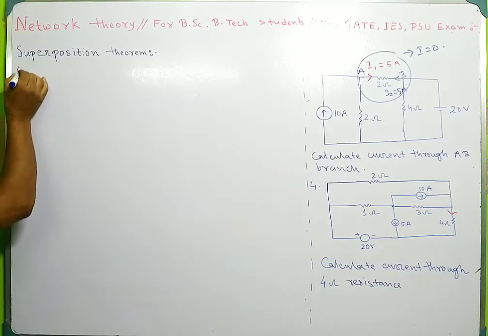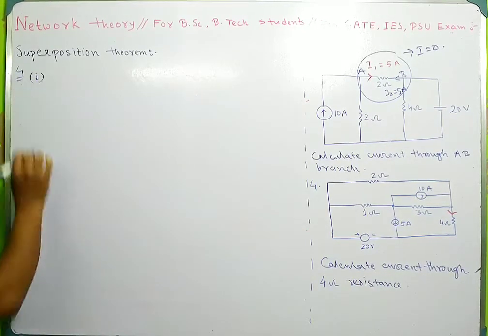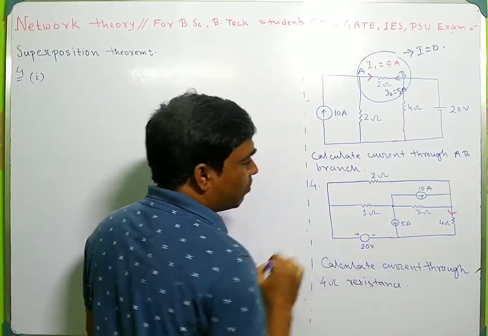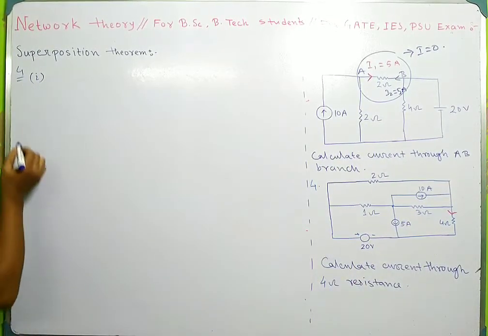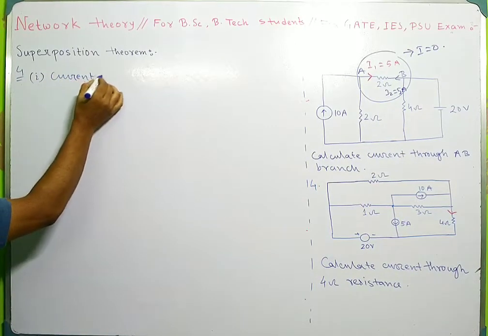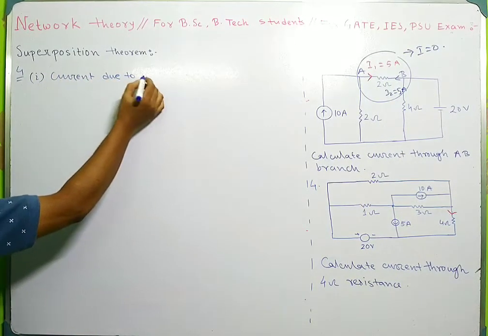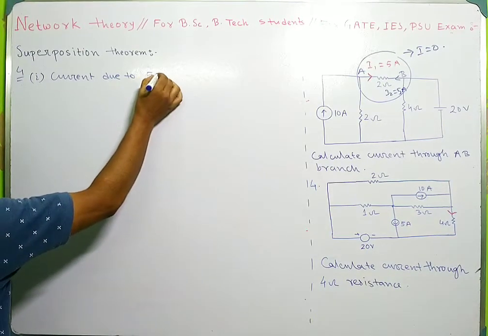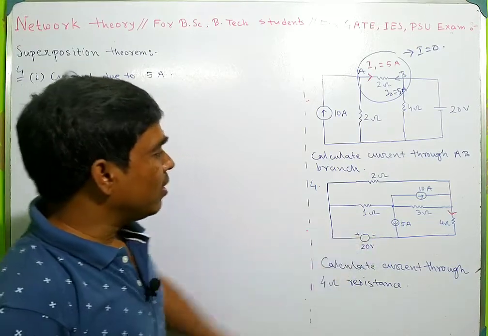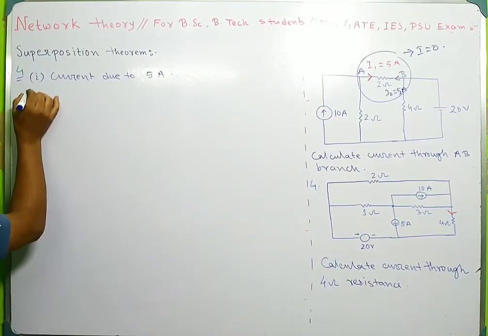So problem number 4. Step 1, I want to calculate the current due to this 5 ampere current source. So this circuit can be redrawn in this fashion.